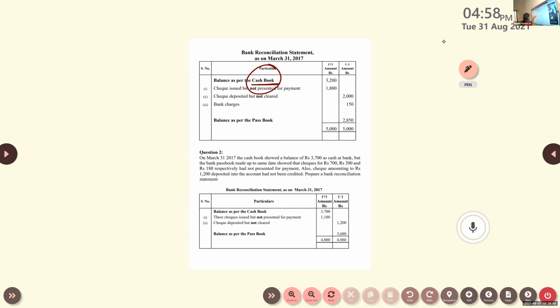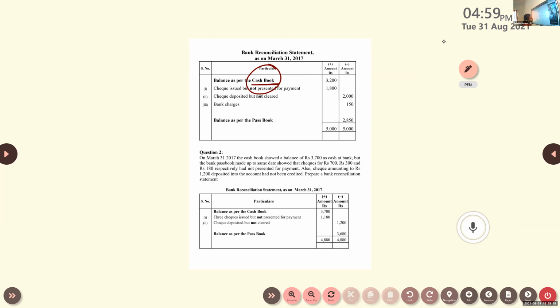On March 31st, 2017. The second question. Did you finish the first one? Completed? Is there anyone who hasn't completed? On March 31, 2017, the cash book showed, again you are given the cash book balance, a balance of rupees 3,700 as cash at bank.